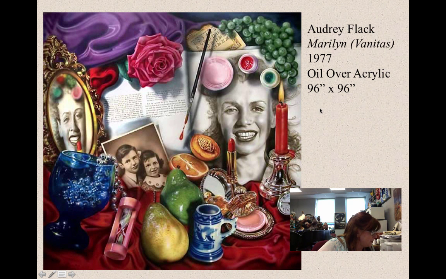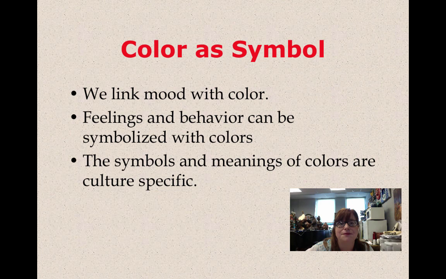And what's incredible about this is it's practically an 8-foot square. It's huge, so when you see this, it kind of hits you in the face. But the artist is using the incredible color of the fruit contrasting against the blue of the other objects. And the fruit is there to remind us the fruit doesn't last forever either, neither do the roses. So she's using color in a big way to remind us of all these things.